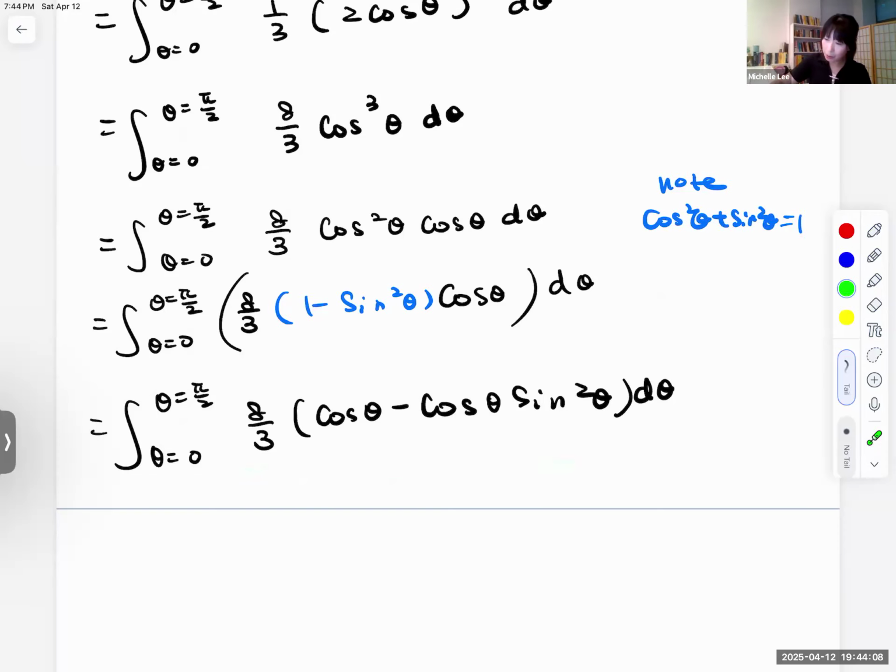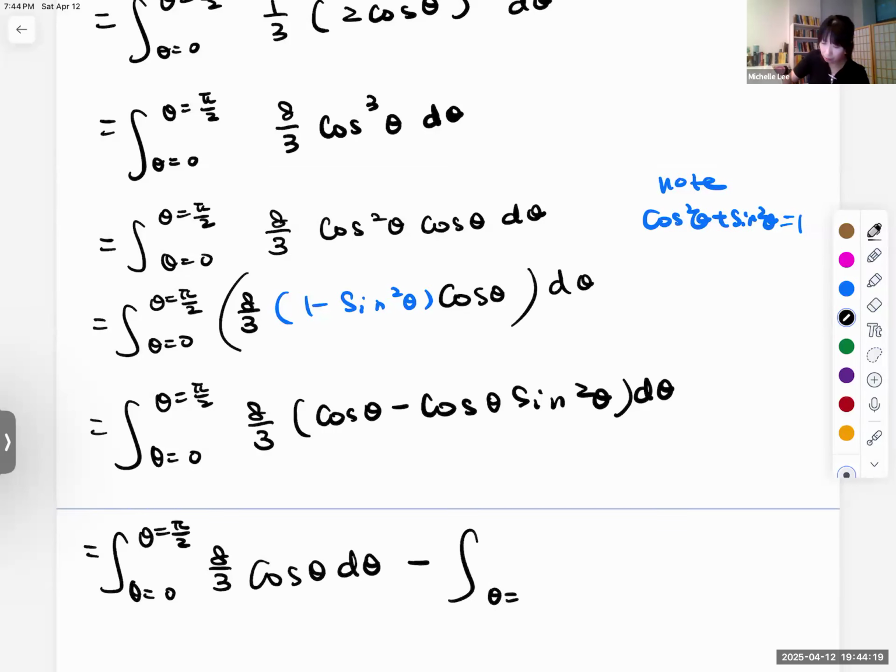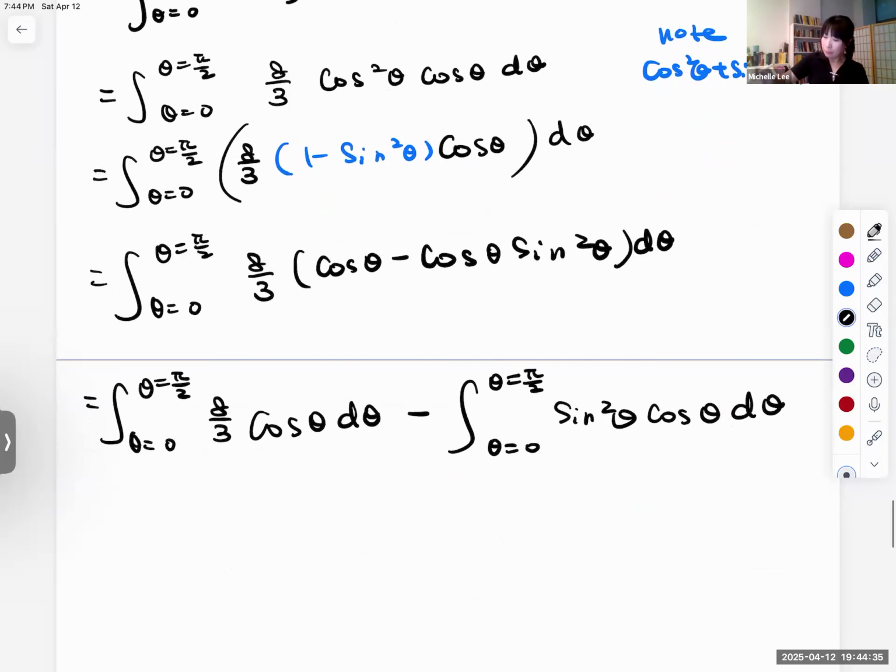Okay, so we can split into two terms. 8 over 3 cosine theta d theta minus the integral from theta equal to 0 to pi over 2 of sine squared theta, first. I want to write down because we need to integrate that. Okay, now we want to integrate. What's the integral of cosine theta? Sine theta. Good.